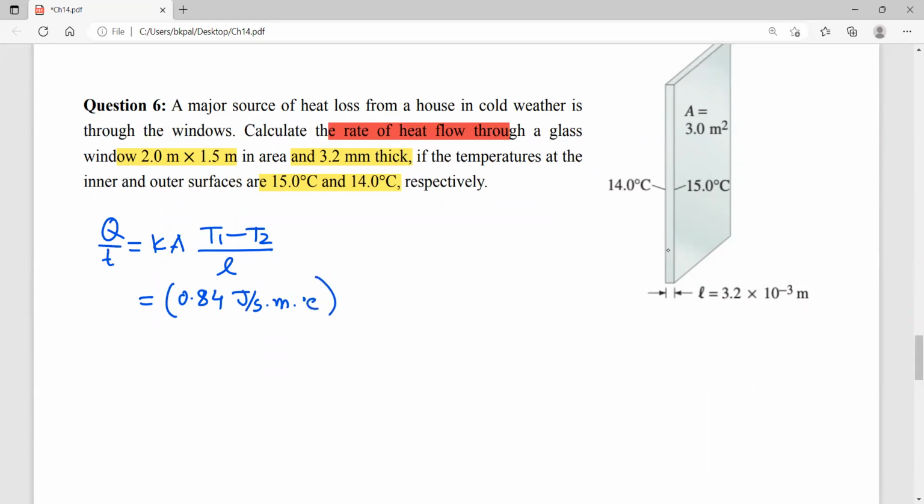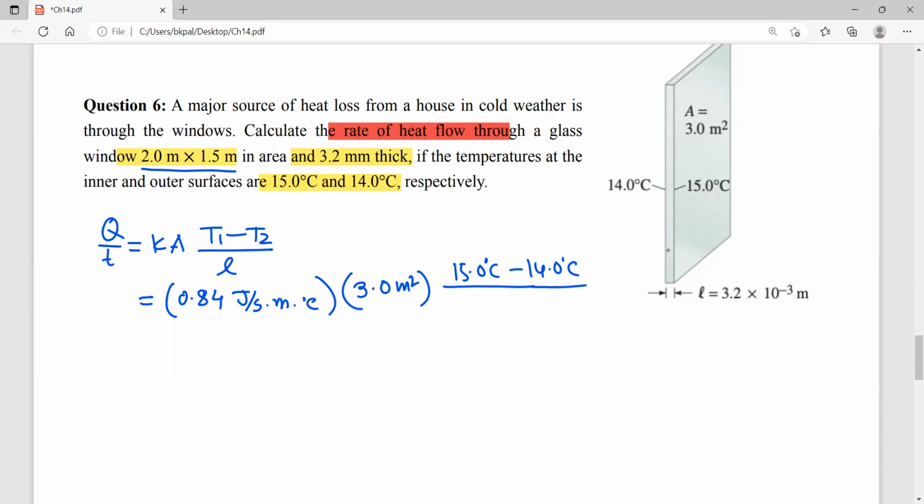The cross-sectional area, so 2 times 1.5 is 3, right? 3 meters square. So this is A. And then T1 is 15 degrees Celsius minus 14 degrees Celsius. That means it is 1.